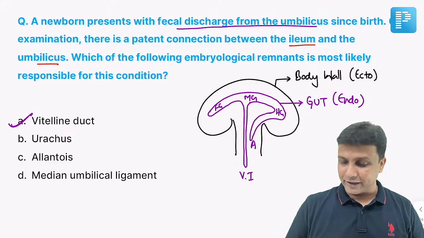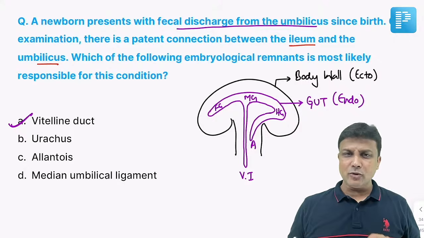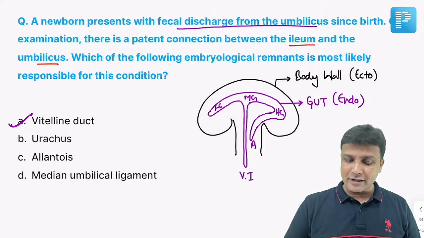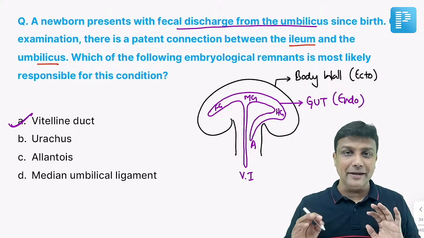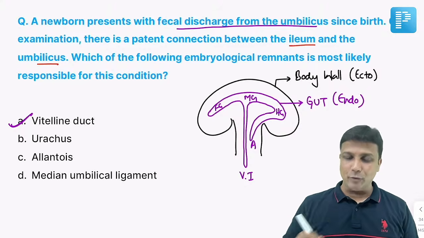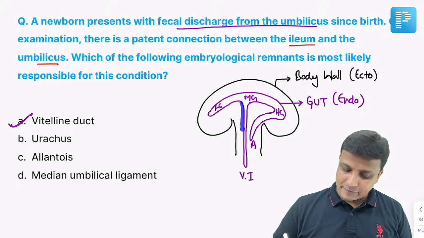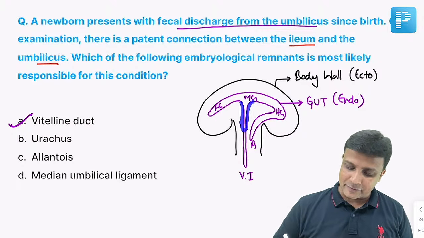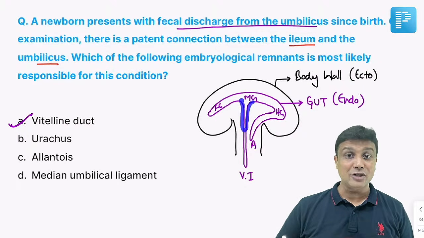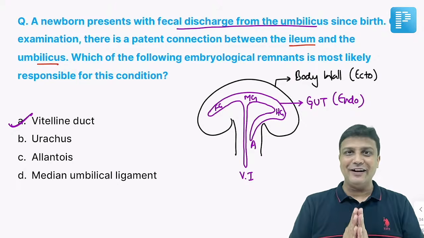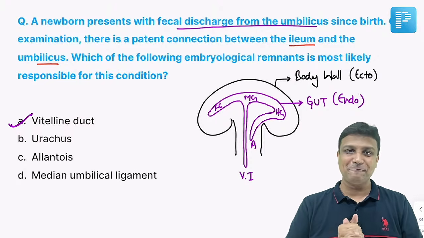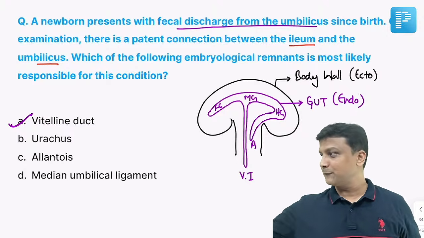That is important. Now, sometimes the entire vitello-intestinal duct does not persist. Only the proximal part remains. Can anyone answer in the chat box? If only the proximal part of the vitello-intestinal duct remains, attached to the midgut, the ileum part, then what is that condition referred to as?